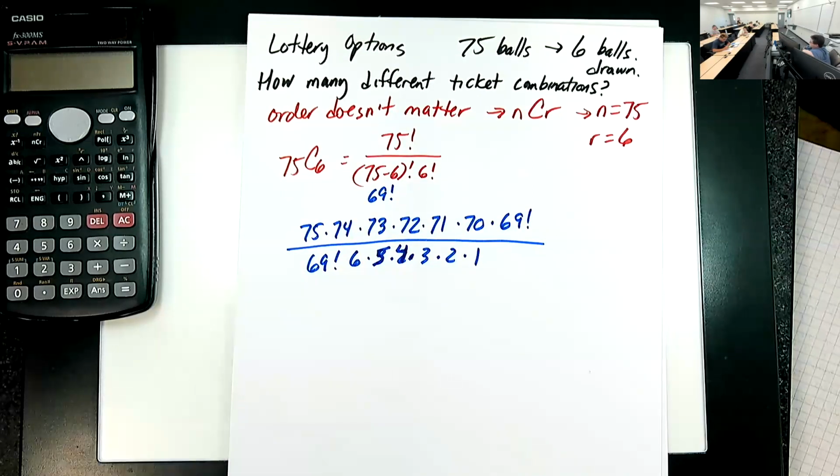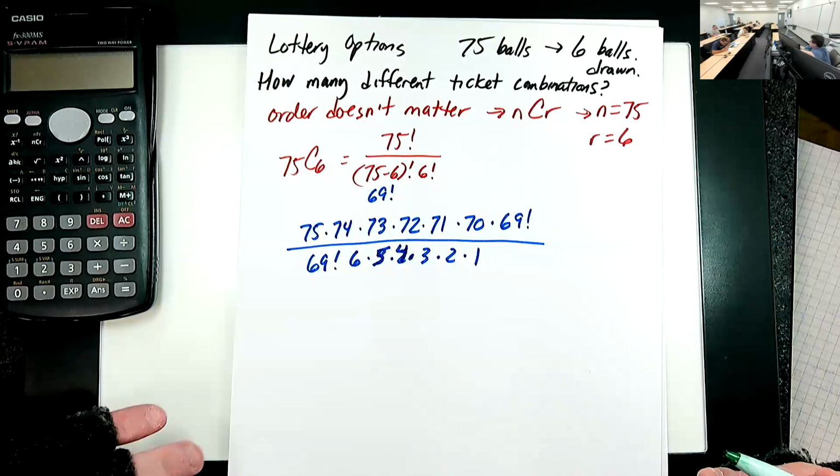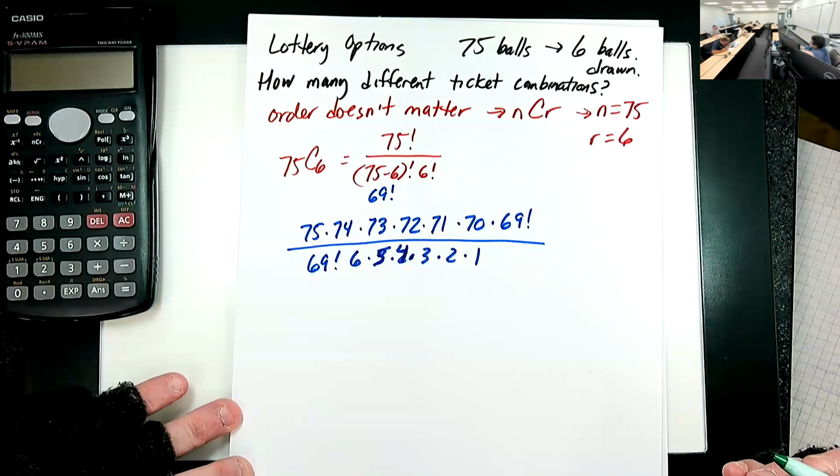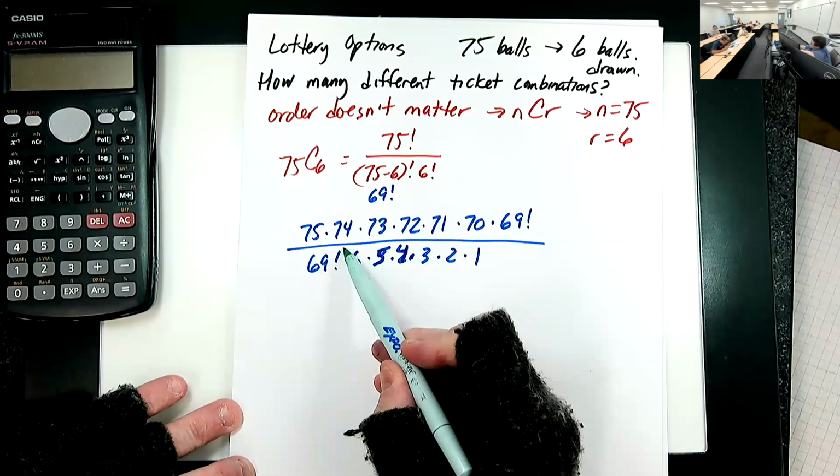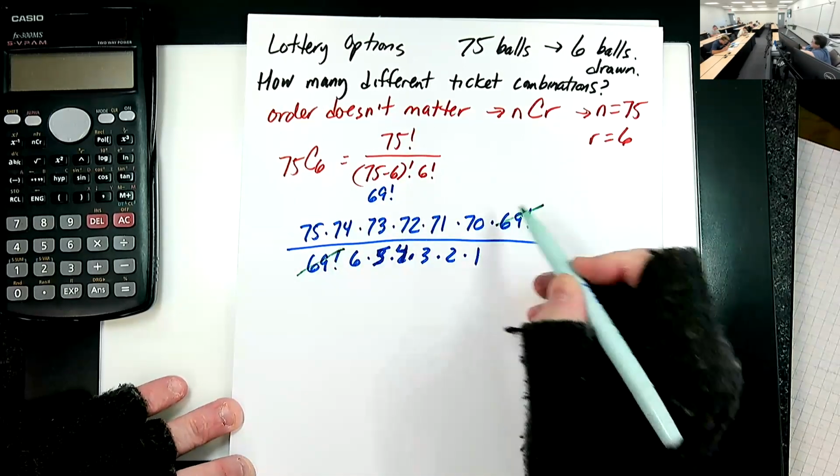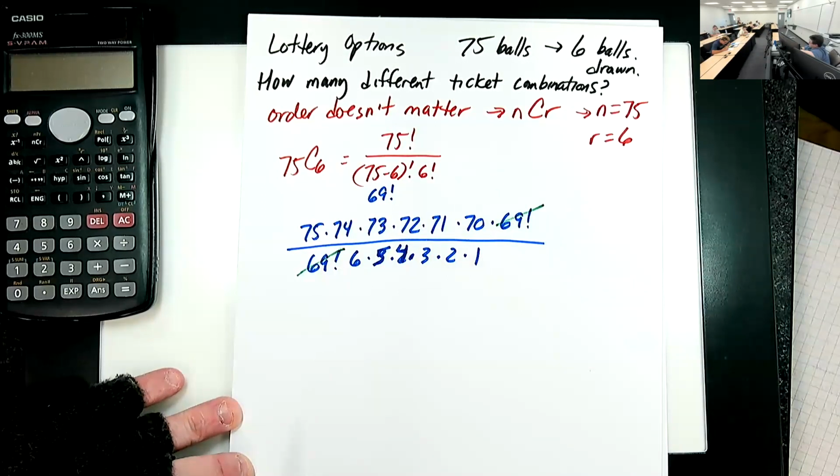We'll do this the quick version in a second on the calculator. But this is doable even without a calculator, even by hand, as long as you remember the formula. The 69 factorials go away, right? Yes.